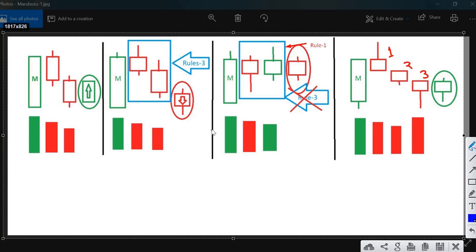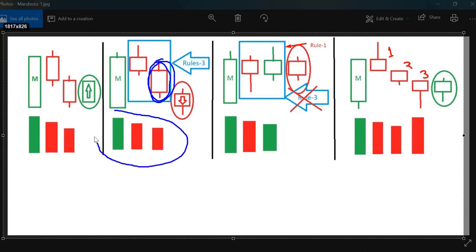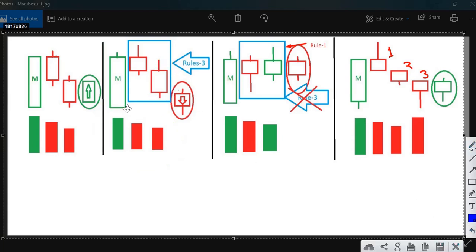In that scenario, we will apply rule number 3 in this candle. We will apply rule number 3, plus we will also apply rule number 1. If you want, you can also apply rule number 1, but we will also apply rule number 3. Okay, but you can say the first candle is a Marubozu. Why rule number 3? Why will we apply it?